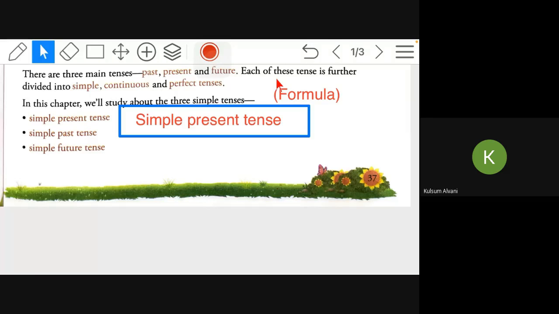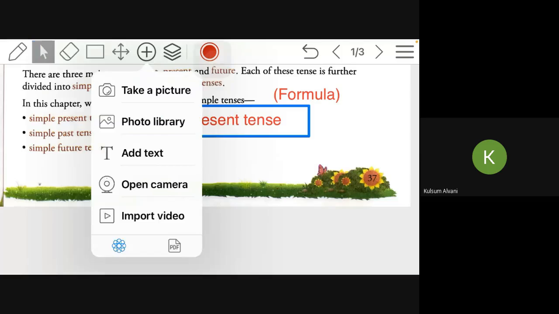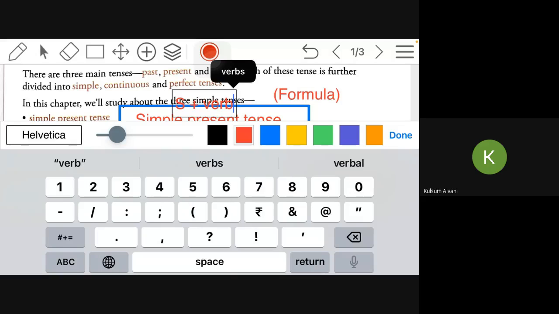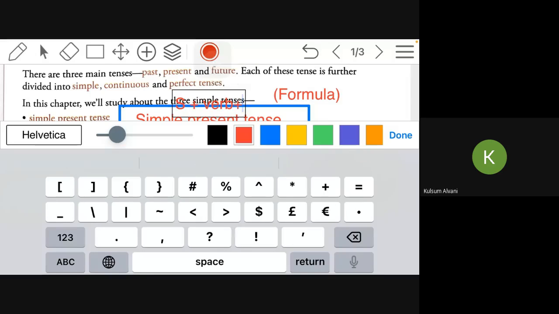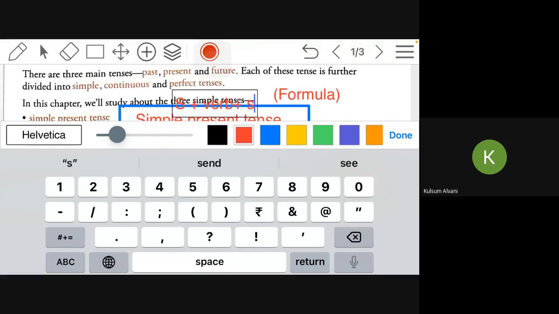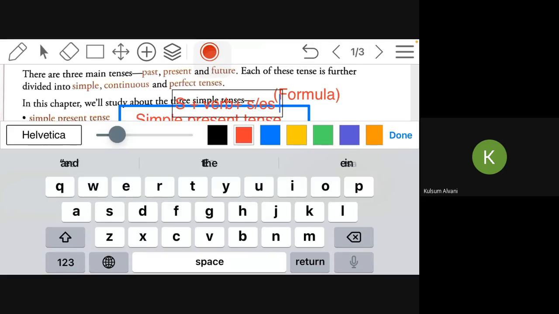Subject plus verb plus s or es, plus object.